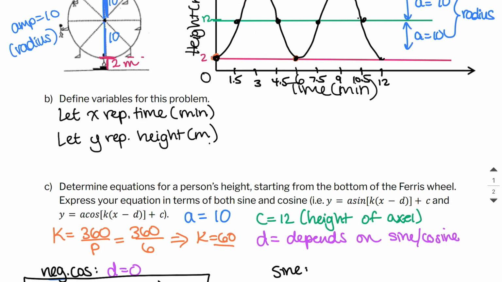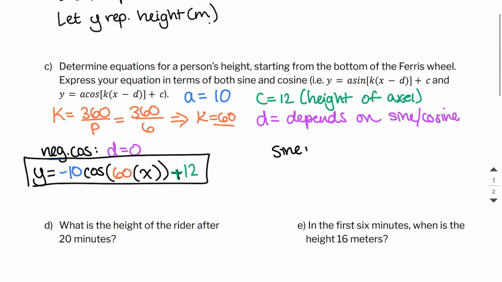So if our D value is going to be 1.5 right here, this is going to be a positive sine because it starts on the axis and goes up to the max. If I use this one, then it would be a negative sine. It starts on the axis and goes down to the min. So sine right here, the D value would be 1.5, and this would be a positive sine because, again, it starts on the axis and goes to the max.